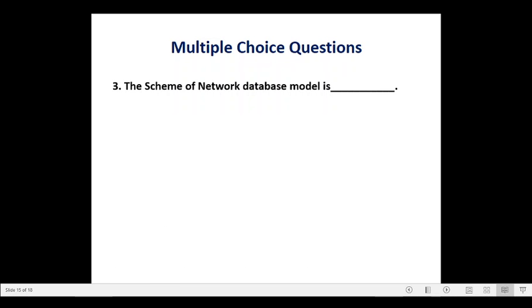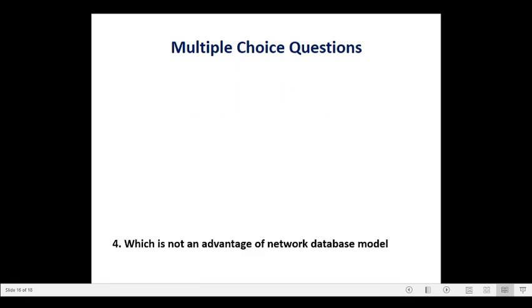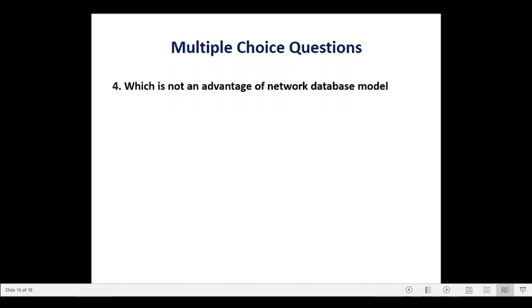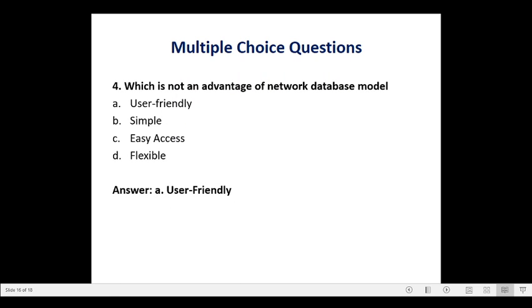Let's move on to the next one. The scheme of the network database model is tree, graph, table, none of the above. You know that the scheme is a diagrammatical, graphical representation. So the answer is graph. Next question, which is not an advantage of the network database model? We have user friendly, simple, easy access, flexible. Yeah, we know it is not user friendly.